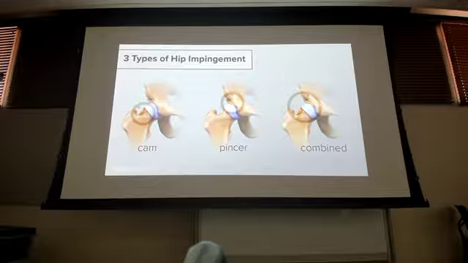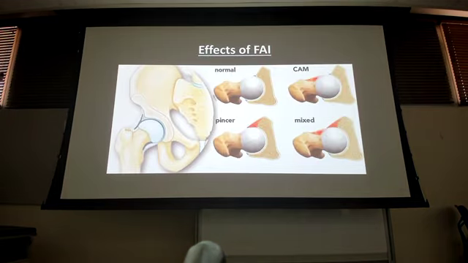Okay, so when you see combined FAI, that means they have both a cam type deformity and also pincer type deformity. Okay, so when we're talking about abutment, this is what happens to the hip when you put it into abduction and extremes of motion. Okay, going into internal rotation as well. But this is where we start seeing that abutment, that contact that's being made, and over time that can cause symptoms, right?